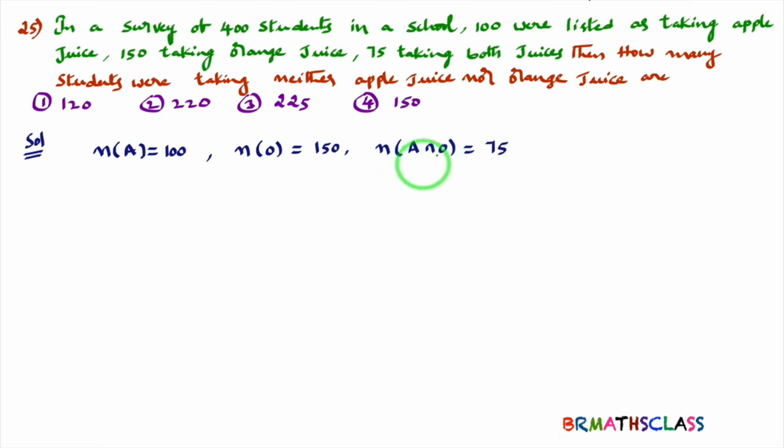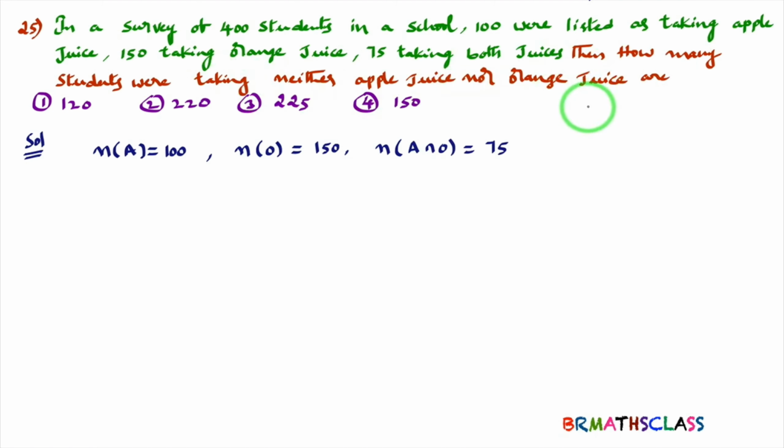Now what they are asking: how many students were taking neither apple juice nor orange juice? That means in this 400 students, how many students are not taking apple juice, not taking orange juice? I think they don't like the juices. Okay, so how many students were taking neither apple juice nor orange juice?